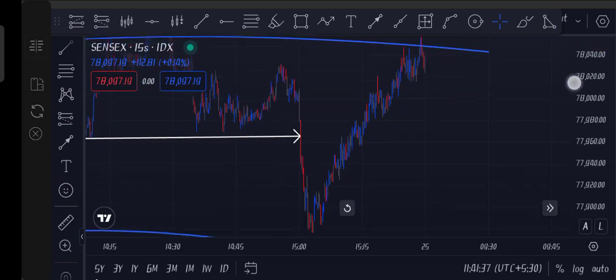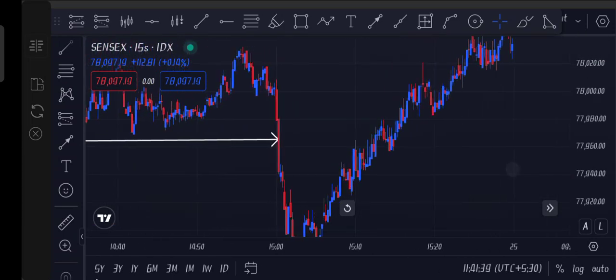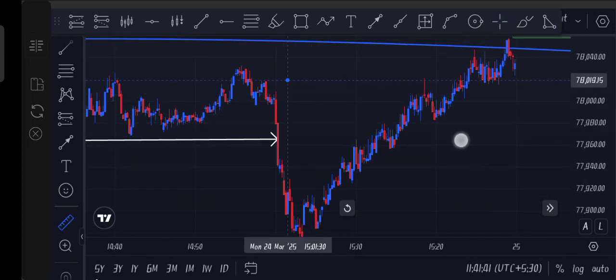You can see it doesn't give any chance, and all the stop losses are collected.